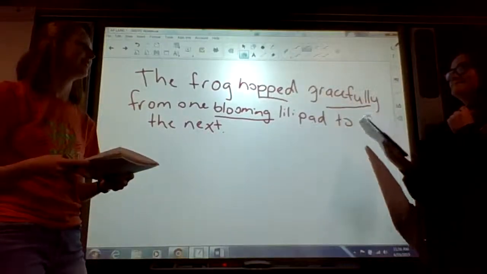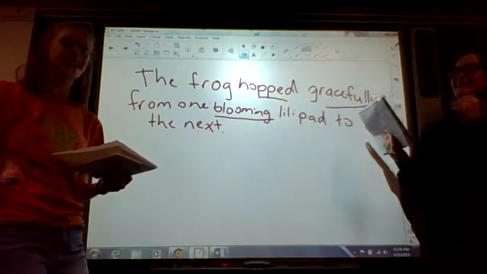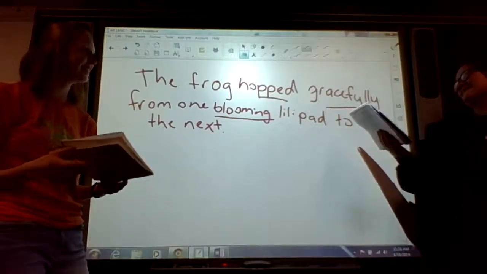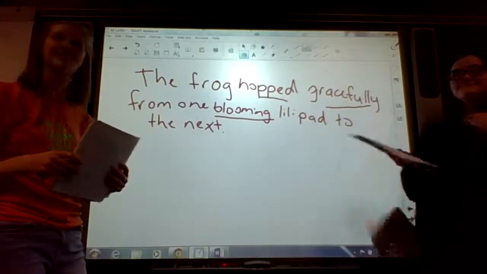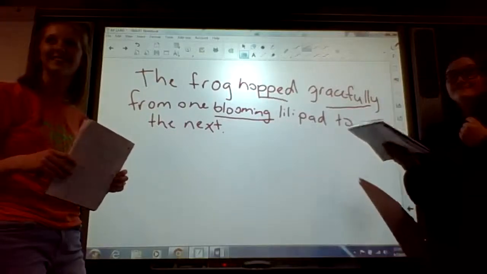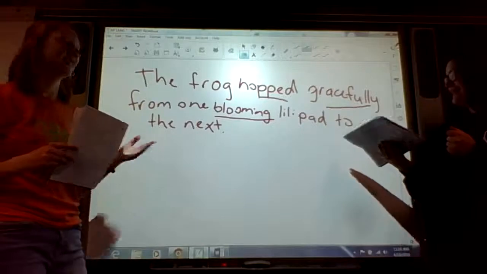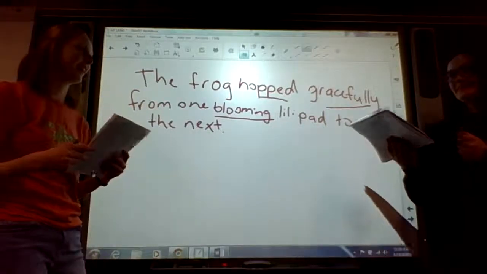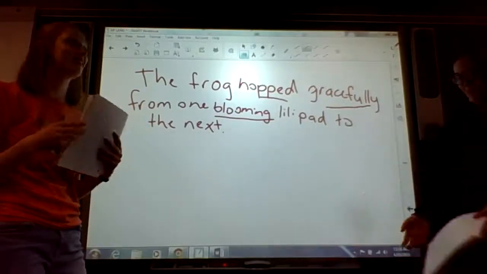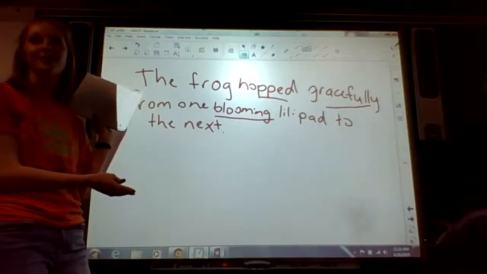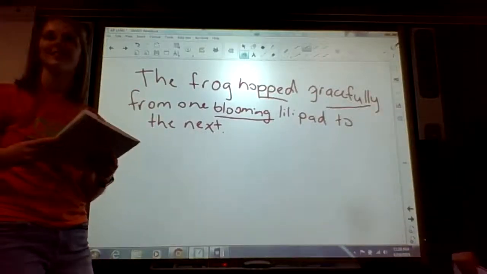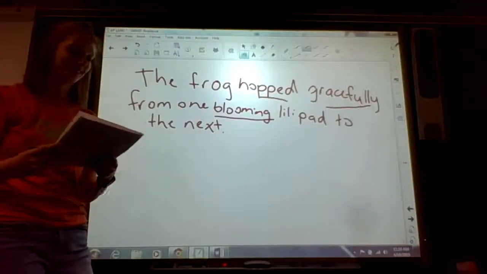Verb. Okay, gracefully modifies hopped, and blooming modifies lily pad. Most of these are words. And what would you say the tone of the sentence is? Cute. Springy.